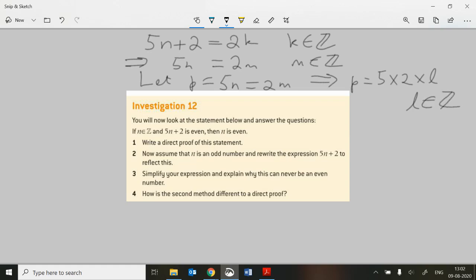Okay, so now I've got the fact that 5n, which is here, is equal to p.